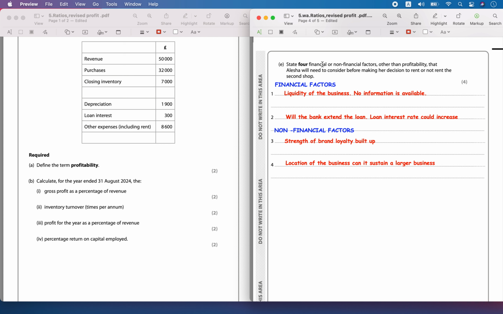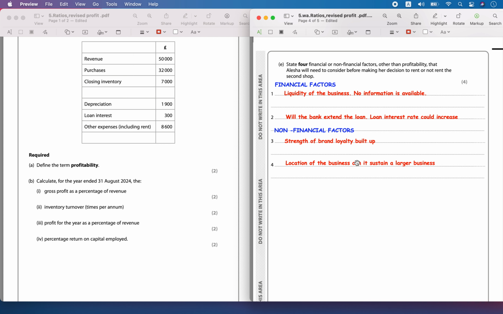Next, we have part E. State 4 financial or non-financial factors other than profitability that Alesha will need to consider before making her financial decision to rent or not to rent the second shop. So the financial factors are liquidity of the business. We can say that she should consider liquidity of the business, for example the cash flow.